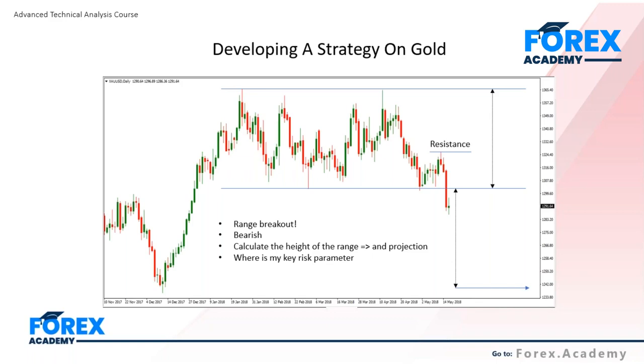More recently, in May of this year, we've seen a range breakout to the downside. That then leads us to a bearish conclusion because of the bearish breakout of the range. We can then take that information on board in developing and calculating any future strategies by determining where the price action might travel to on the basis of the range breakout.